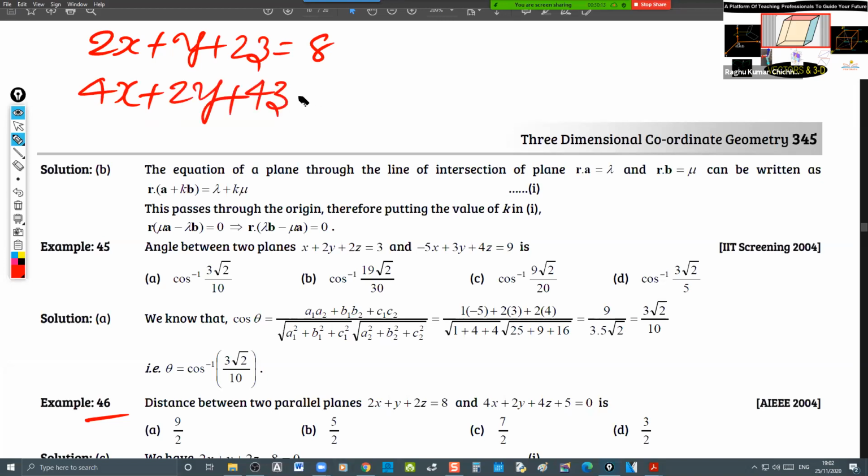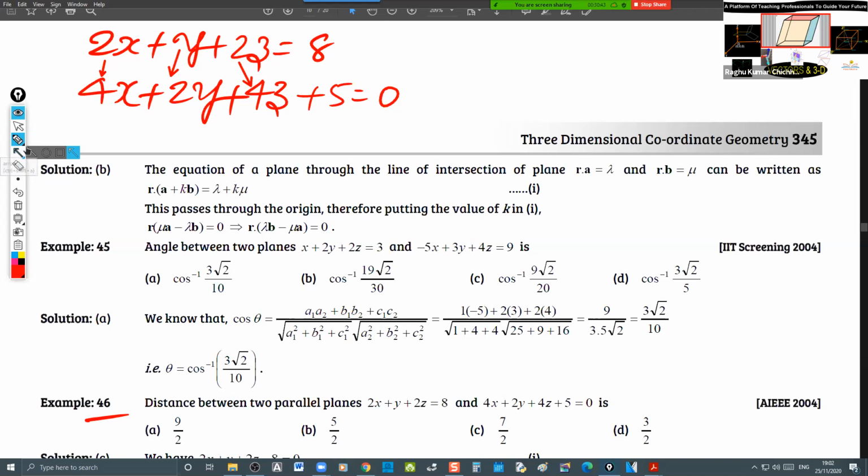Don't forget and never forget: the formula can be applied only when the coefficients are equal. Otherwise, you cannot apply the formula. And how do you understand that they are parallel? Take the ratio: 2 by 4 is equal to 1 by 2 is equal to 2 by 4 is equal to 1 by 2.